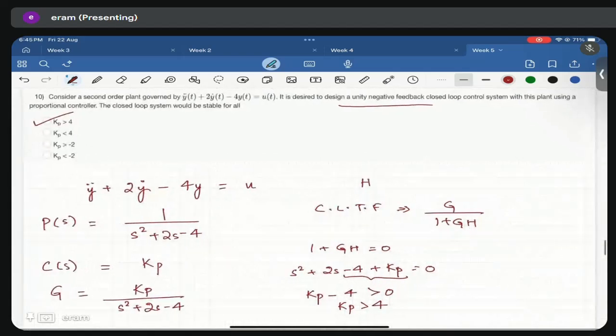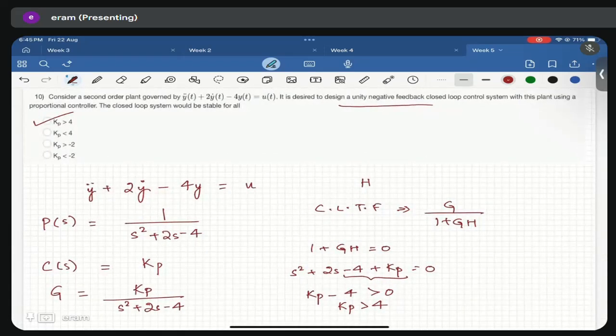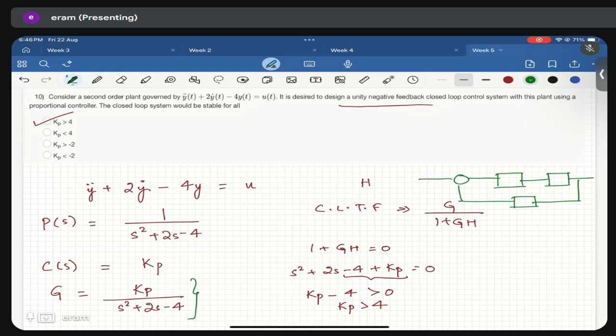Ma'am, I didn't get how you added the Kp. Okay, the thing is, G is equal to Kp by... where? Here you are asking. Yes, ma'am. Okay, so if you see the closed loop system, here we have the controller, here we have the plant, and here we have the feedback.